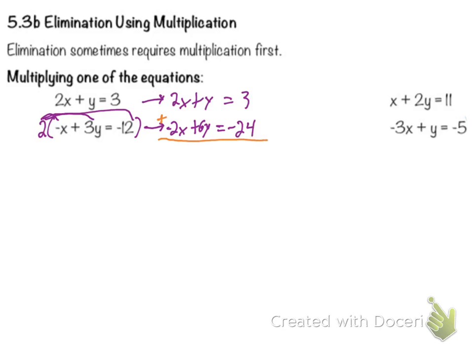What does our new equation look like? Ryan, what do you get for our new equation after we add them? 7y equals negative 21. Very good. 7y equals negative 21. So what should we do now?